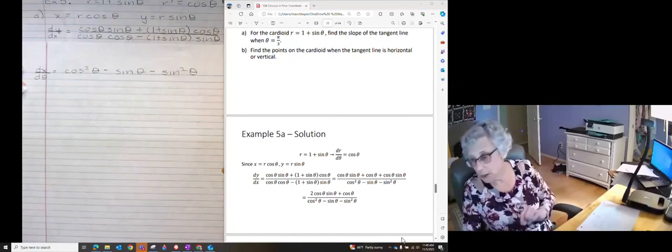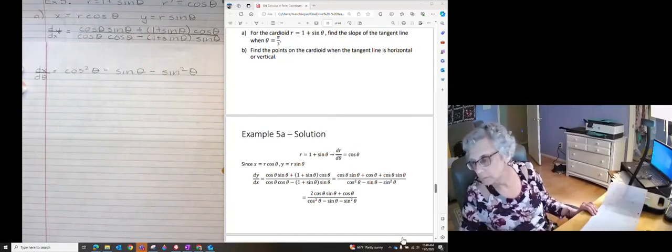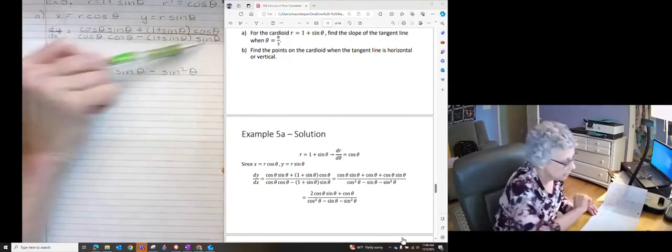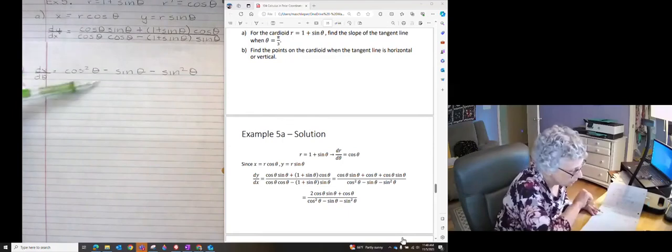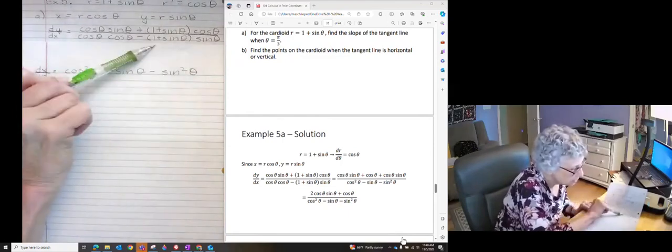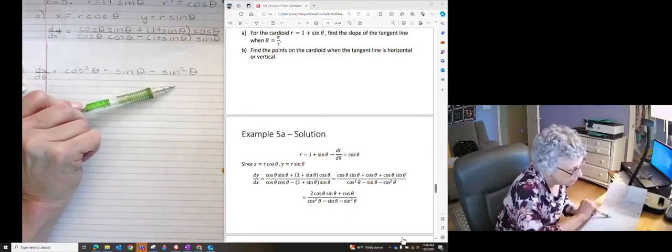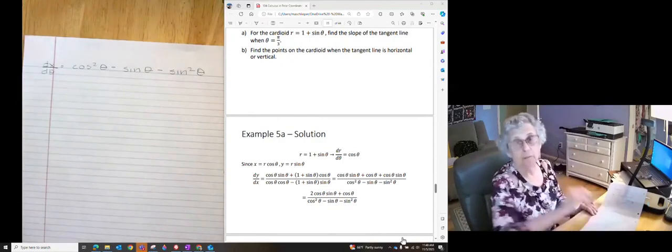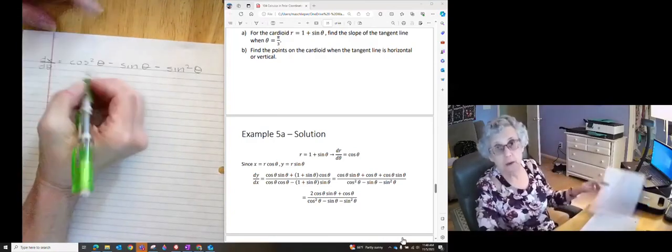I'm going to pause and get a new sheet of paper for that. Just to save myself from rewriting stuff, I went ahead and made that cosine squared and distributed the sine and got minus sine theta and minus sine squared theta. I need to set this equal to 0.